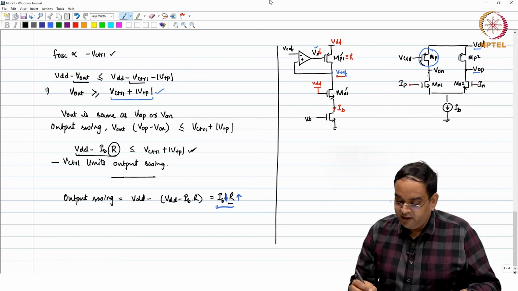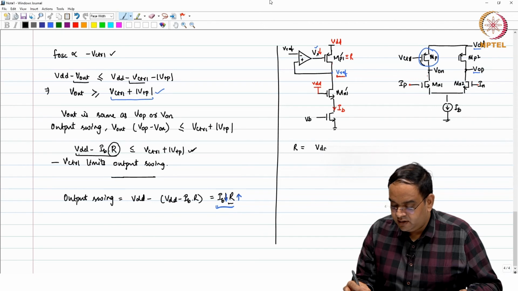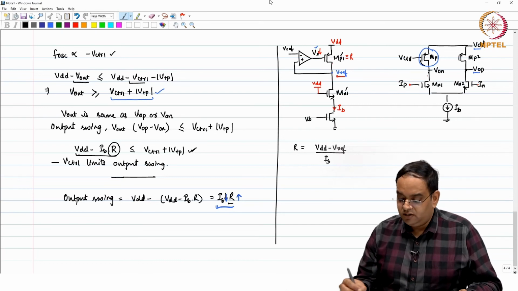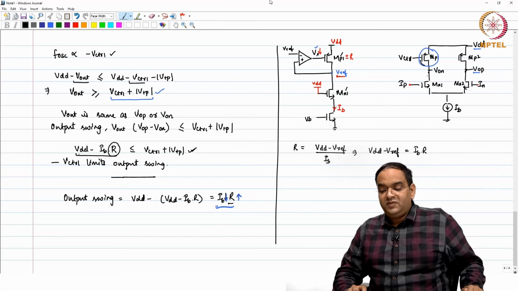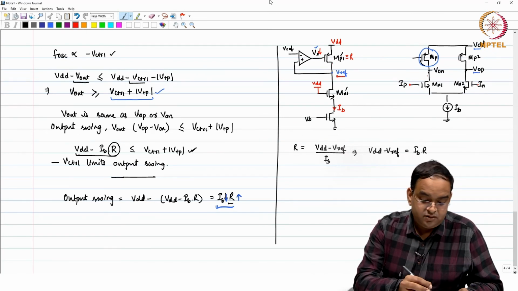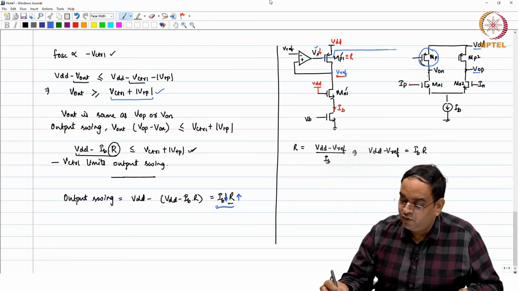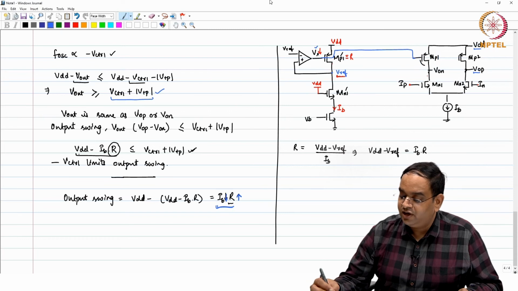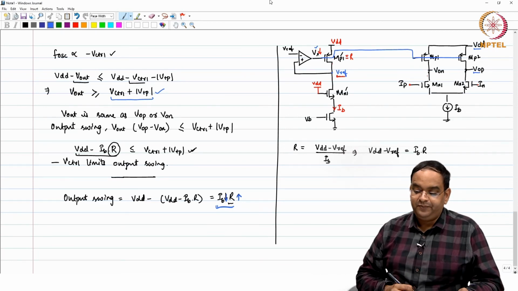So, I can write that the effective resistance value for this is VDD minus Vref by IB, or the other way, VDD minus Vref is always equal to IB times R. We are going to pass this Vx voltage, which you are seeing here, as the gate voltage to our load resistors in the actual cell. To all the cells we will give that.